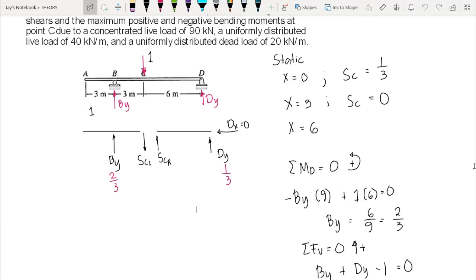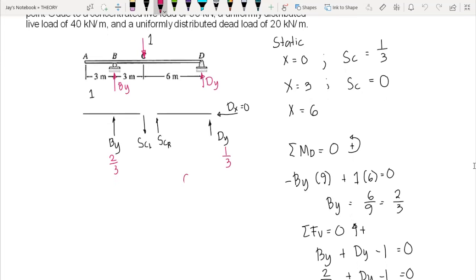So to compute for the ordinate on the left side of C, we again consider the right free body diagram, so we consider again C to D. We will be putting our 1 on the left side of our C. That means we have summation of forces vertical equal to 0, upward forces positive, and here SCR plus dy is equal to 0. dy is 1/3, so we have SCR plus 1/3 is equal to 0.